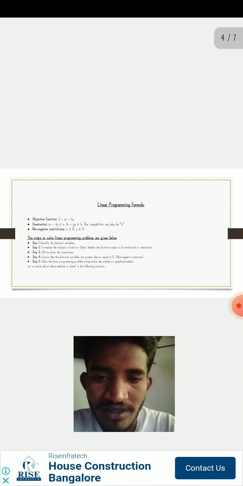Step 4, ensure the decision variables are greater than or equal to 0. Step 5, solve the linear programming problem using either the simplex or graphical method. Let us study the methods in detail in the following sections.